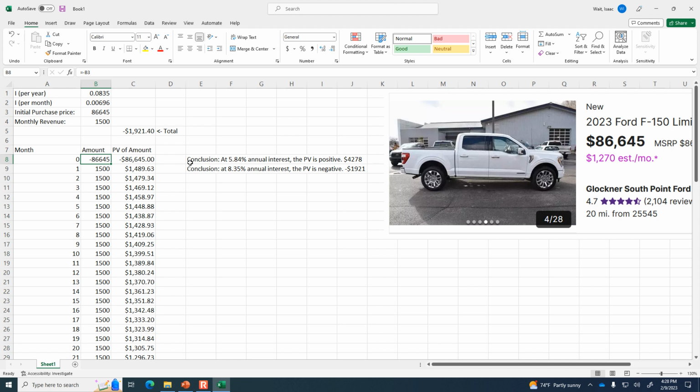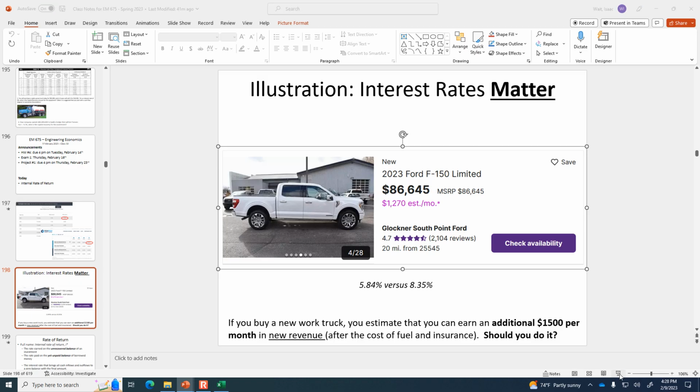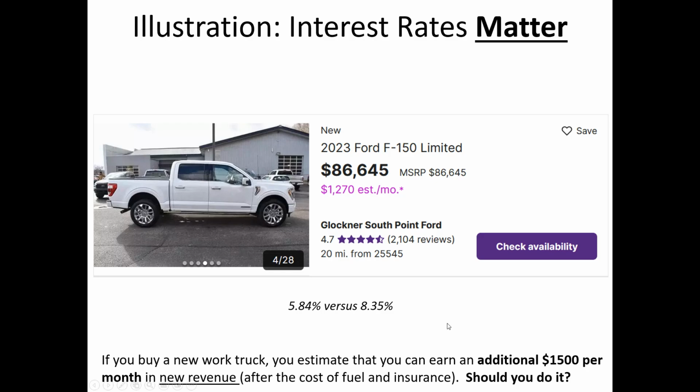There's more revenue dollars than cost dollars. Okay. So should you do it? Yes at 5.84%, no at 8.35%.